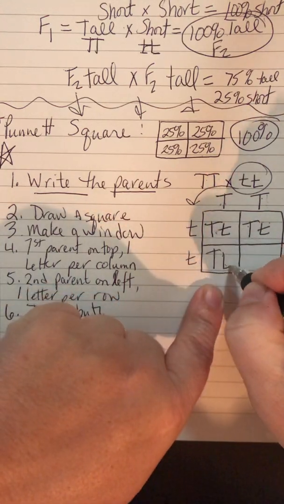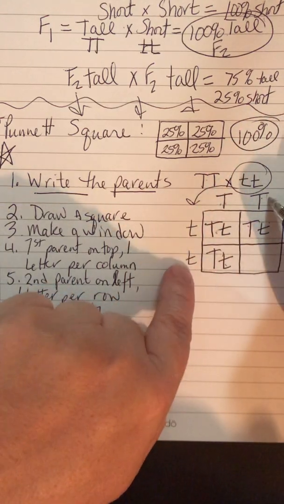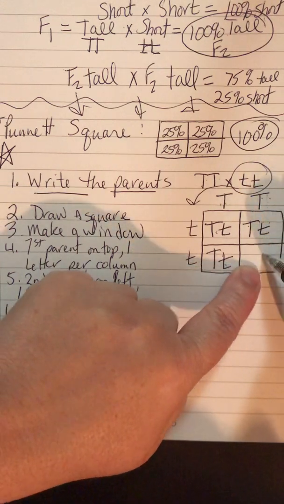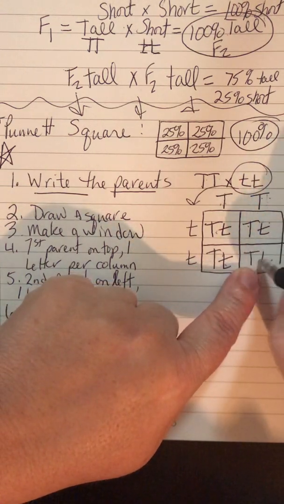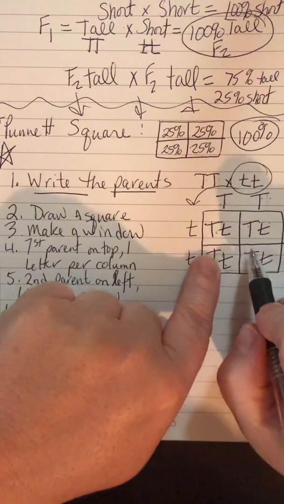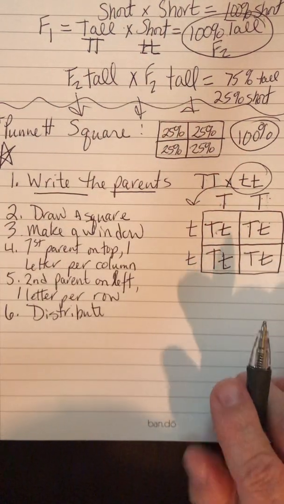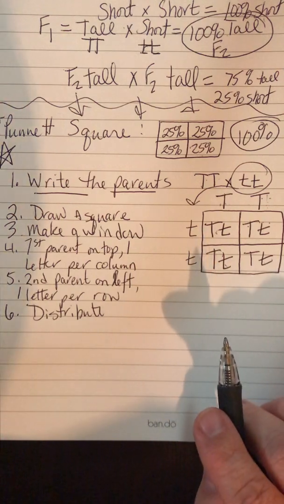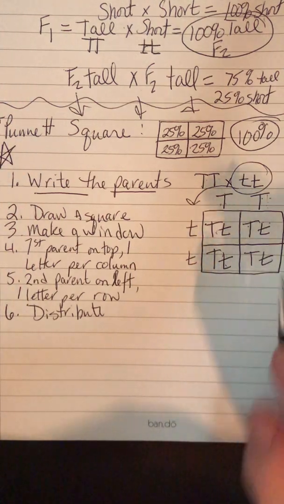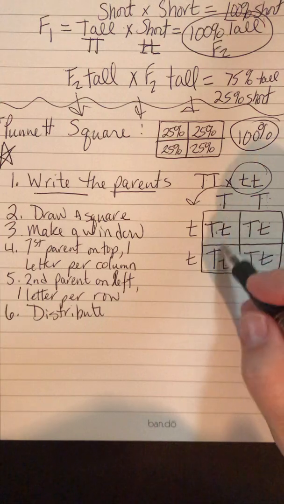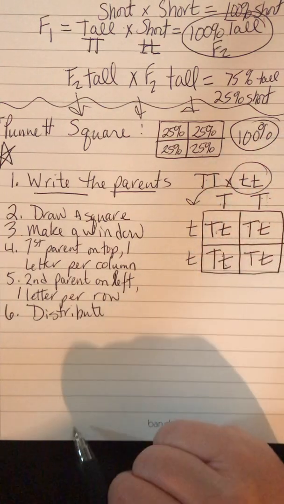Big T, little t. This one and this one go there. Big T, little t. Notice how I always wrote the capital letter first. Now this one gives us the exact same answer that Mendel got. Okay? All of the offspring are big T, little t.